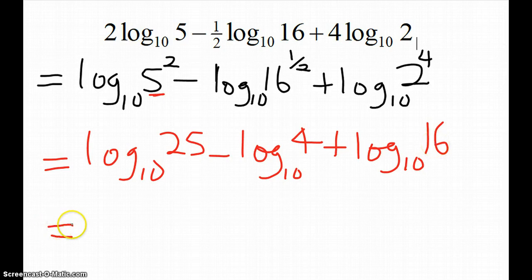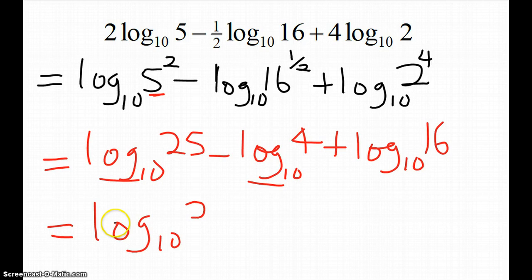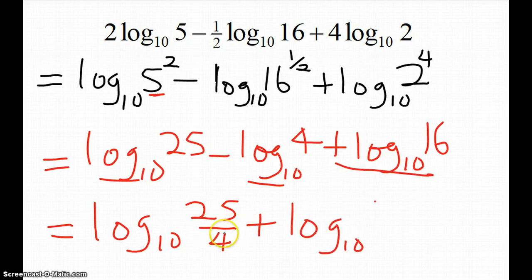Then we can now apply our law. Since these two logs are subtracting and the bases are the same, I can write log base 10 25 divided by 4, then plus the remaining log, log base 10 16.